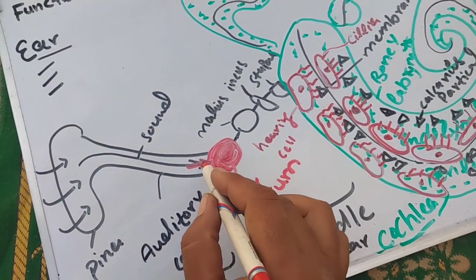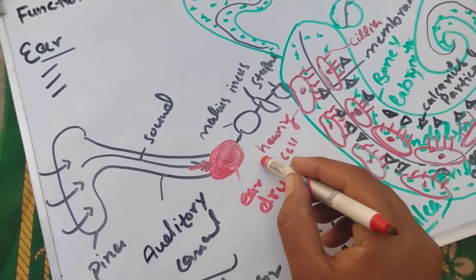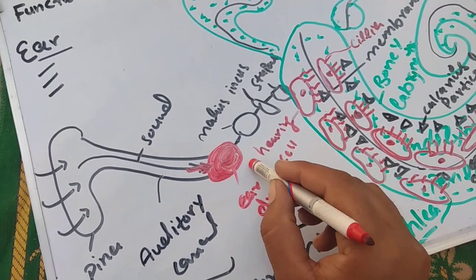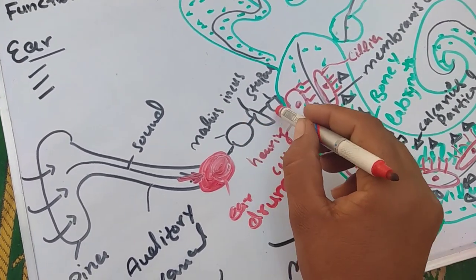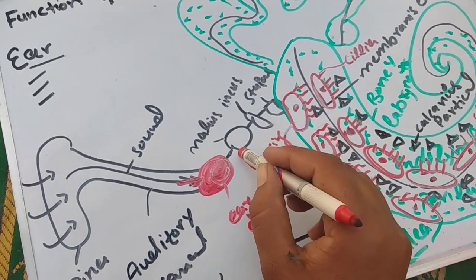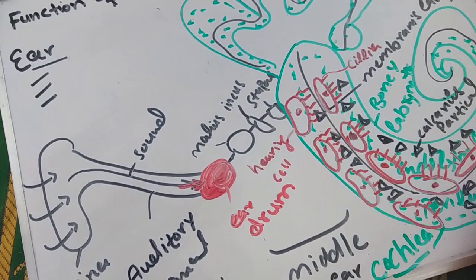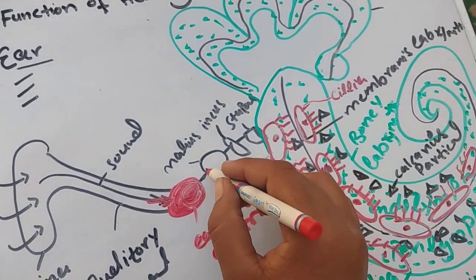When sound reaches the eardrum, it starts to vibrate. Due to the vibration of the eardrum, these three bones, which are attached to each other and to the eardrum, also vibrate.